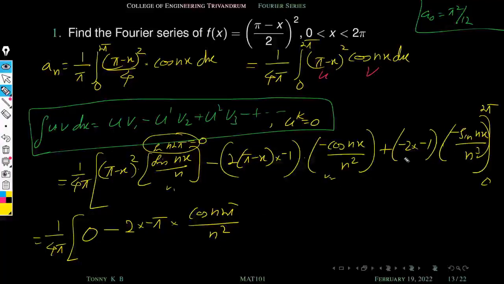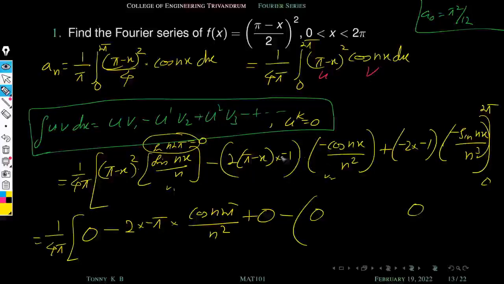Then we have one more term, similar to the first case. When x equals 2 pi, this is sin n 2 pi, that is 0. So the third term is 0. Minus, next one, the lower limit. When x equals 0, this term is sin 0. Both are 0.